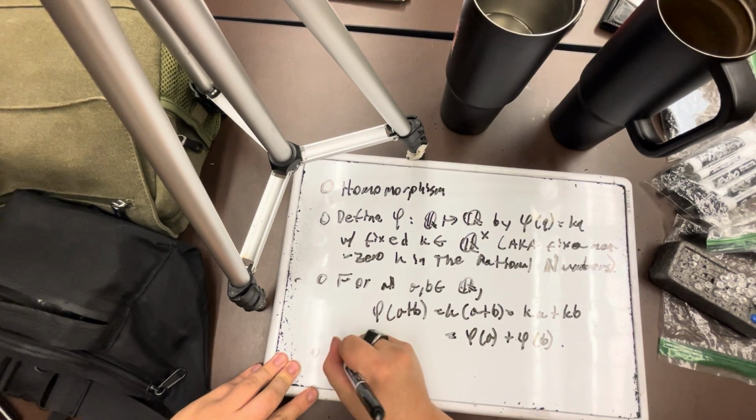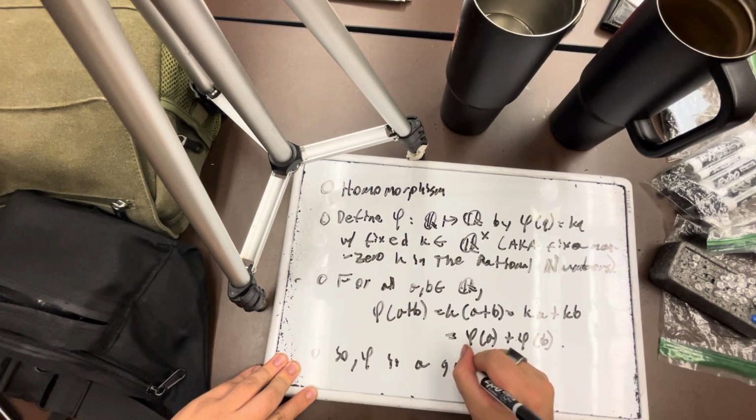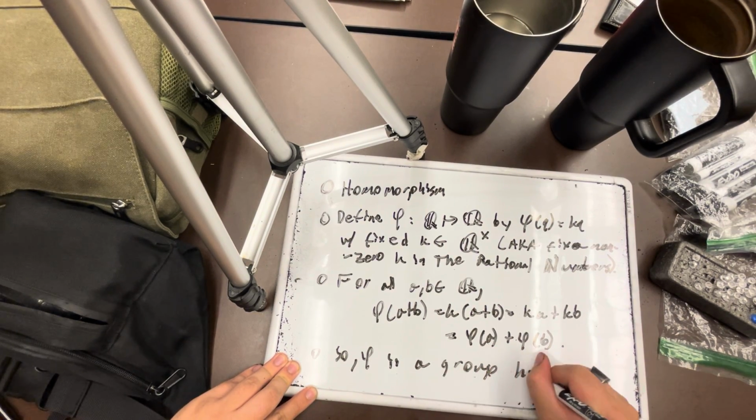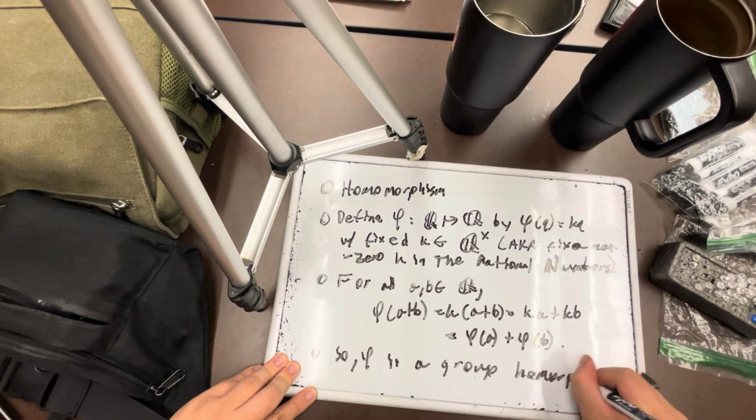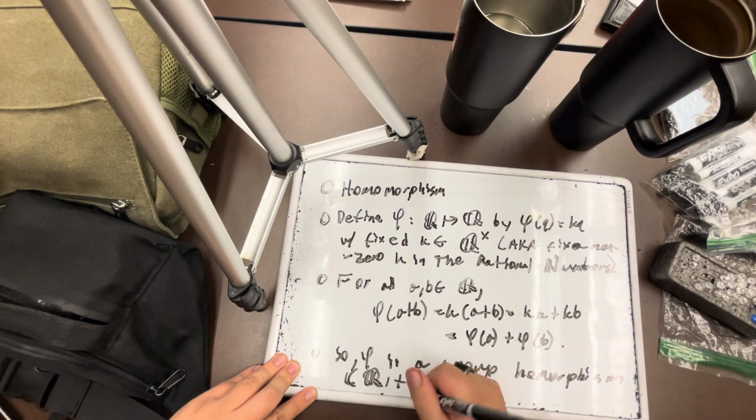So phi is a group homomorphism from addition over the rationals to addition over the rationals.